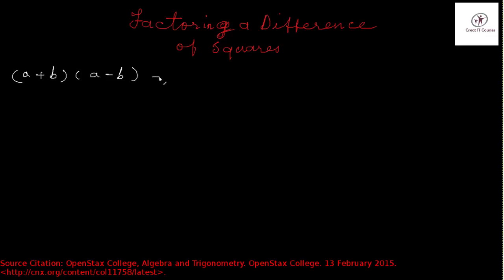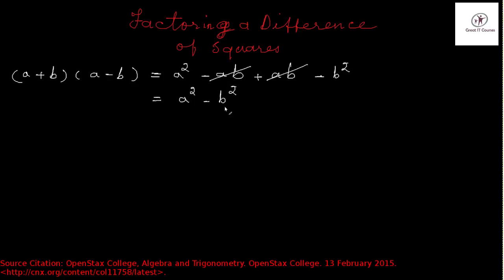If you expand this, you will get a squared minus ab plus ab minus b squared. Now the minus ab and plus ab you can cancel out, and so you're left with a squared minus b squared. So this is basically called a difference of squares.